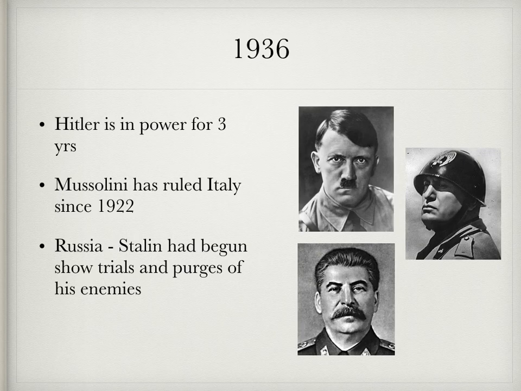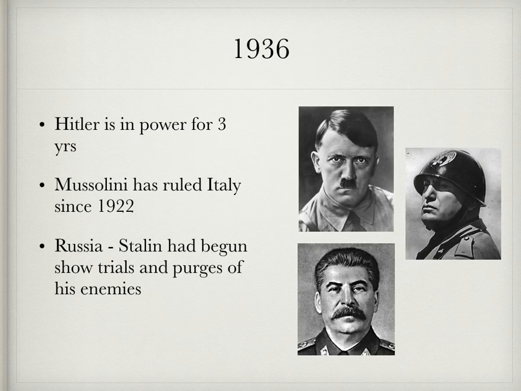In the Soviet Union, in Russia, we have Joseph Stalin as pretty much dictator of the Soviet Union, and he has begun his show trials and purges of his political enemies. Purges is basically the idea that he's just trying to clean house of anyone he feels is not 100% loyal to him.